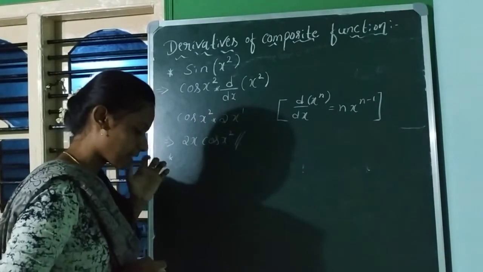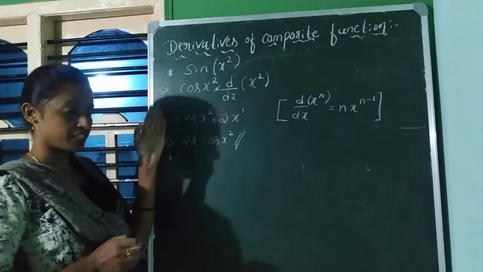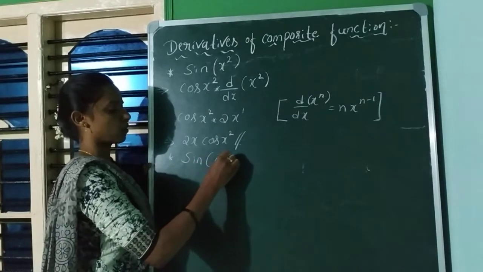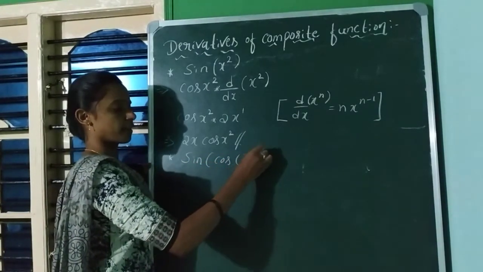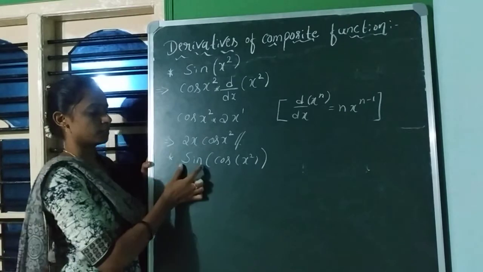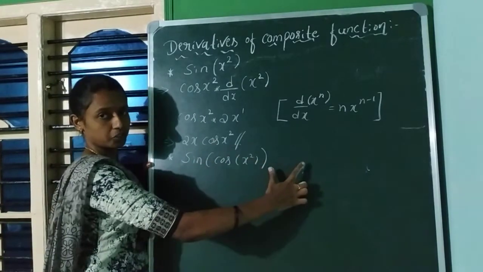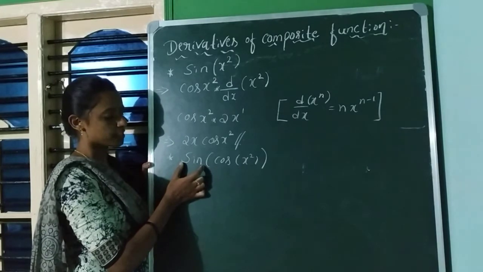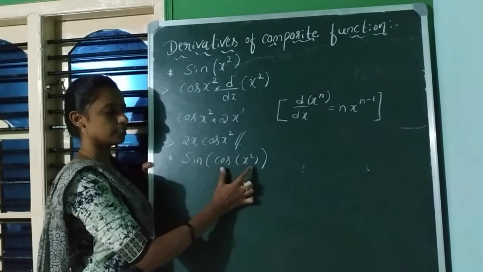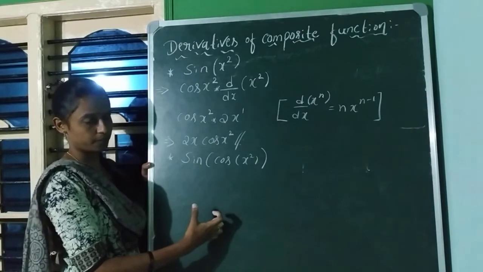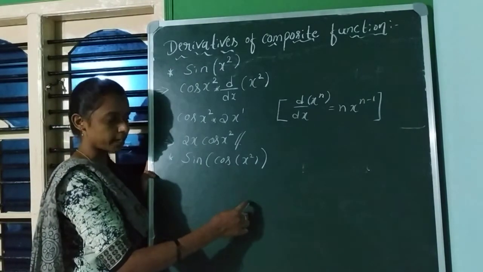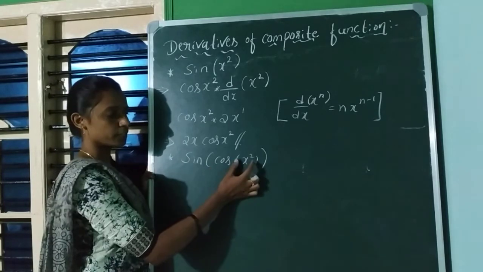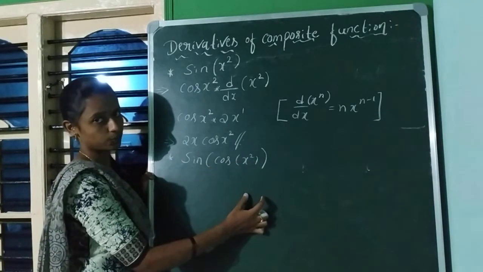So next, if it is 3 functions, sine, then cos and x square. Sine, cos, x square, 3 functions it is. Now, once you differentiate this, for this function you need to consider these two as a variable. Next is product. Again differentiate cos. For a cos derivative, you need to write the inner term, that is x square.